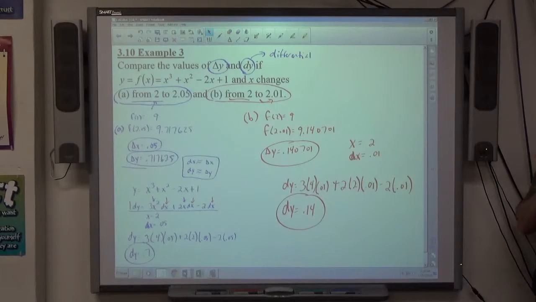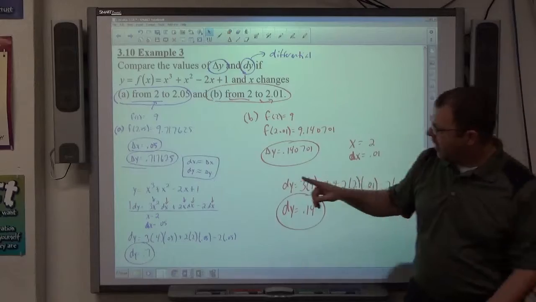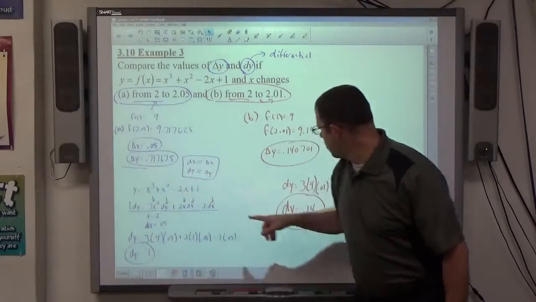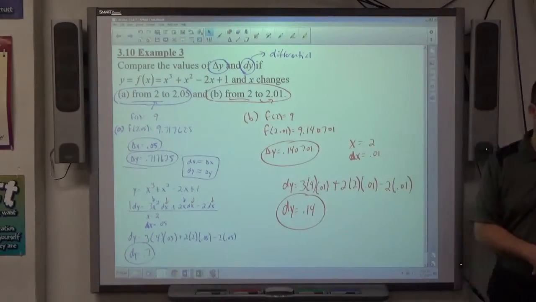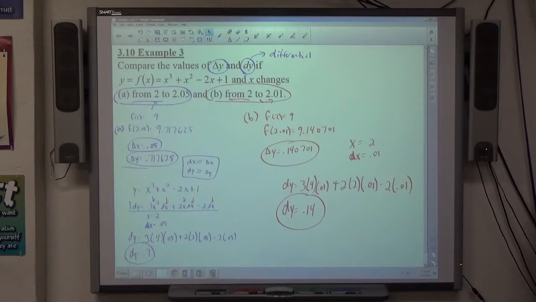Now, I want you to get a second comparison between the two problems, the blue and the red problem, because this is going to be important in this situation. Which one's closer to the right answer, as far as comparison is concerned? Is this or this closer to each other? Red. The red's closer to each other, right? What's different between the red and the blue?